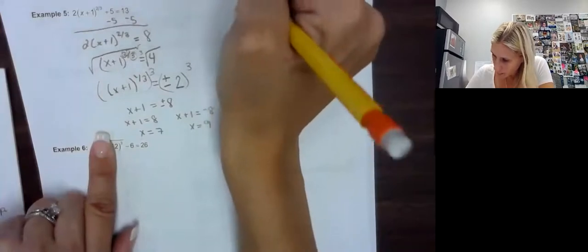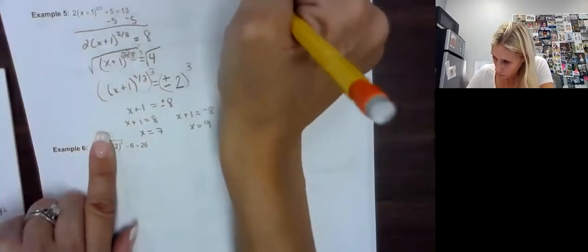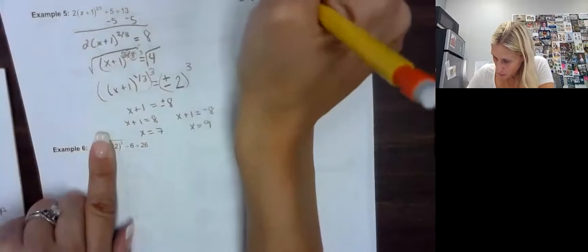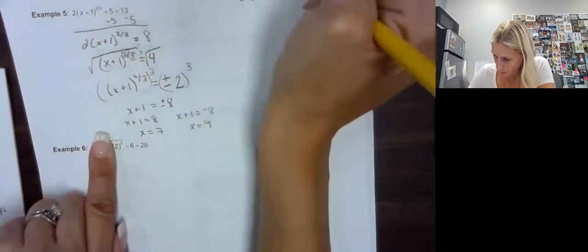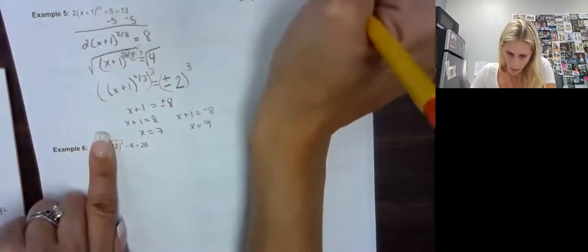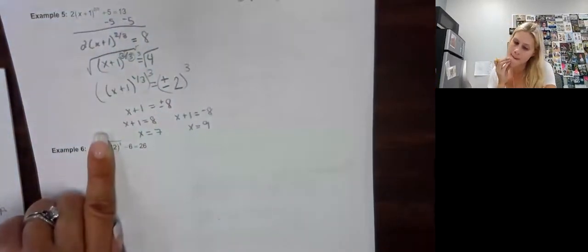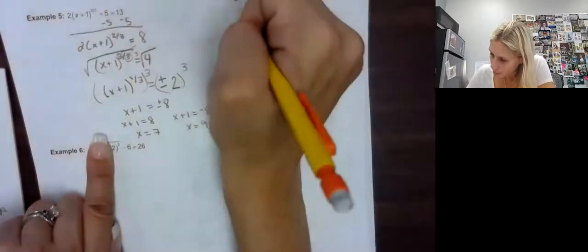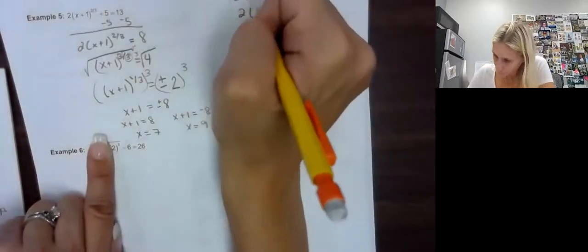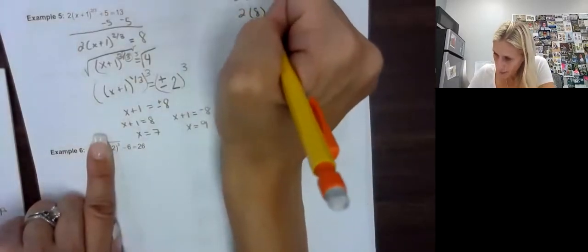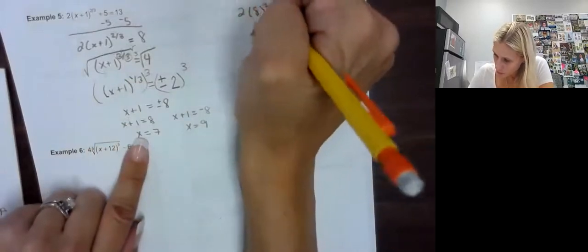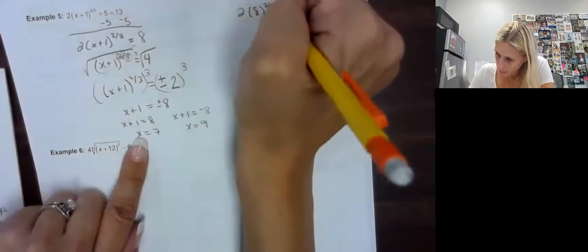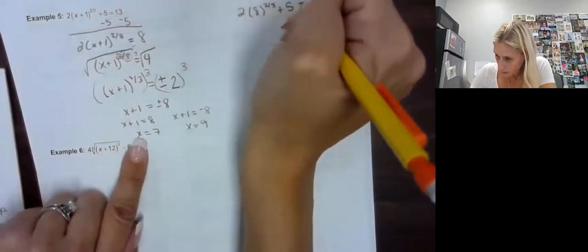2 times 7 plus 1 to the 2/3 plus 5 equals 13. Okay, so that's 2 times 8 to the 2/3 plus 5 equals 13.